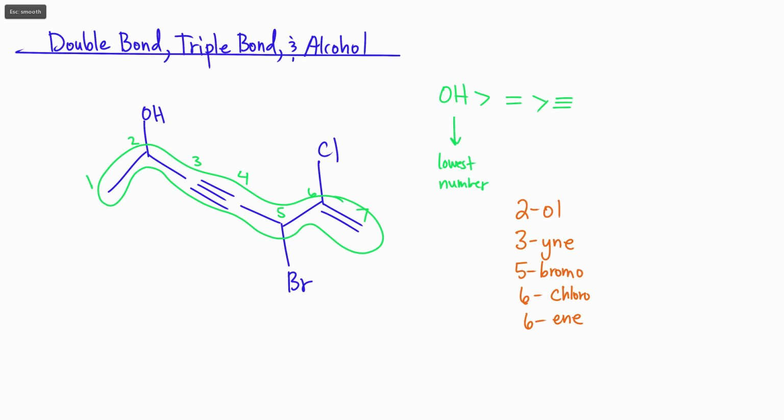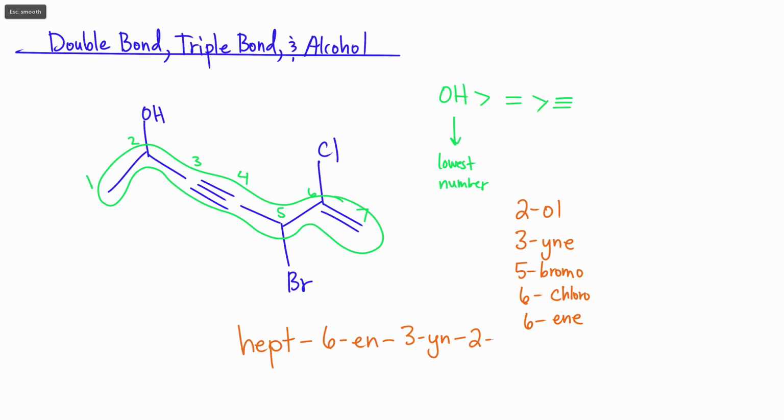We're going to have hept. Okay, now the ENE goes before the YNE, so that's going to be 6-ENE. Remember to drop the E because something comes after that. And what's going to follow that is the yne, 3-YNE. Remember to drop the E on the yne because something's going to follow that.